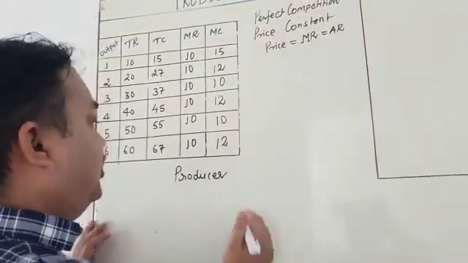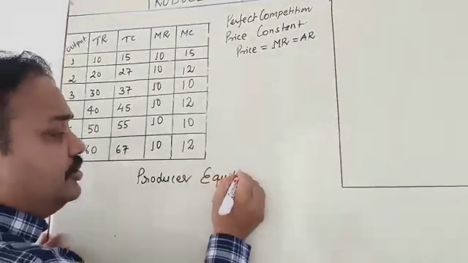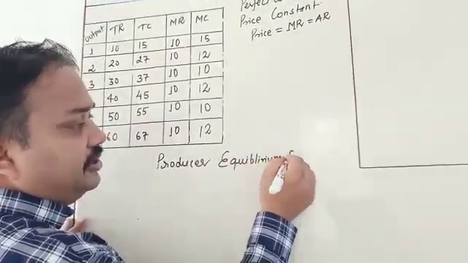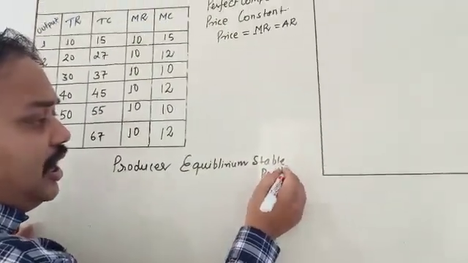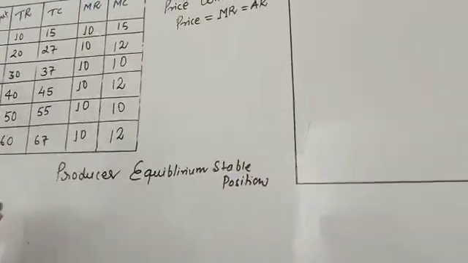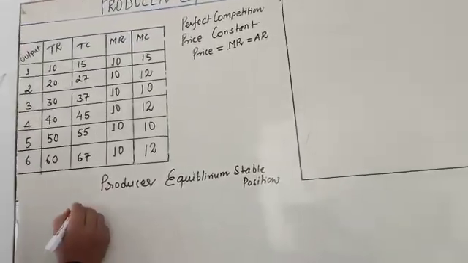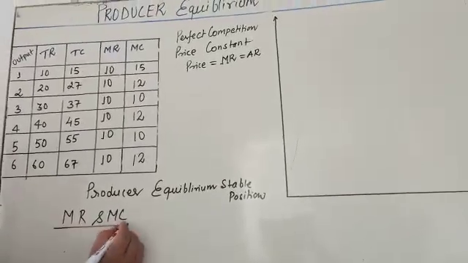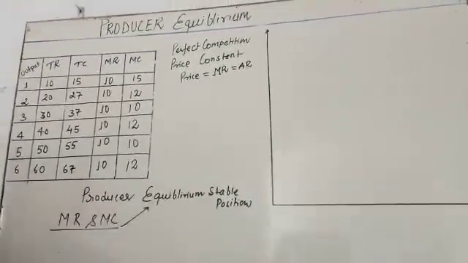You can also say that producer equilibrium means a stable position. My dear student, how is it a stable position? Today I am going to teach the MR and MC approach. With the help of this approach, the producer is going to reach a stable position or equilibrium position.